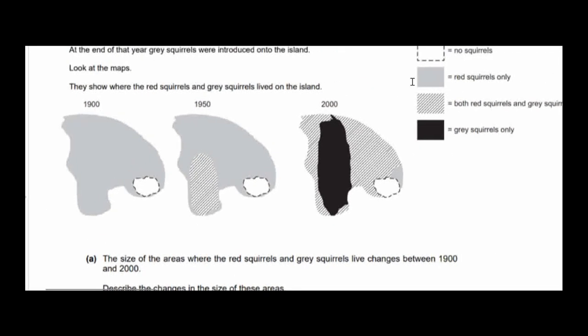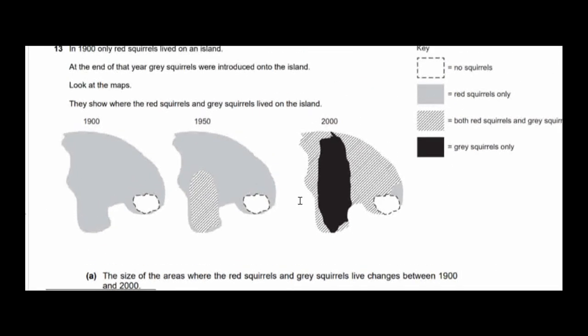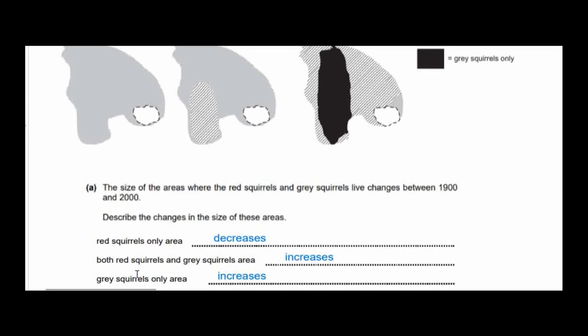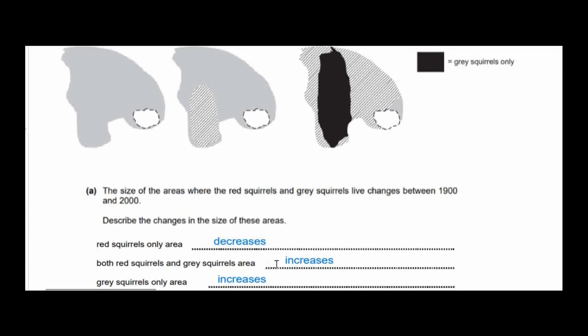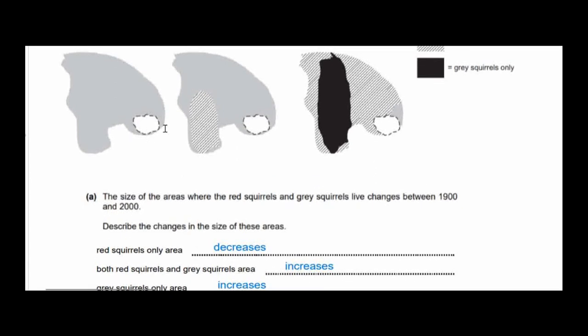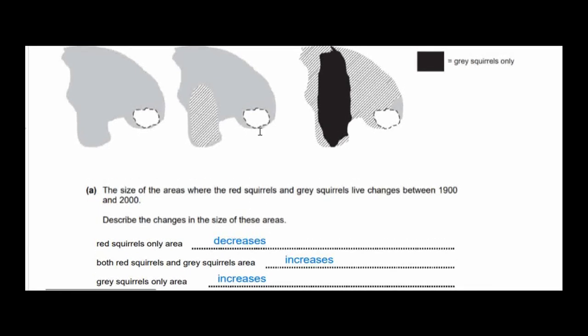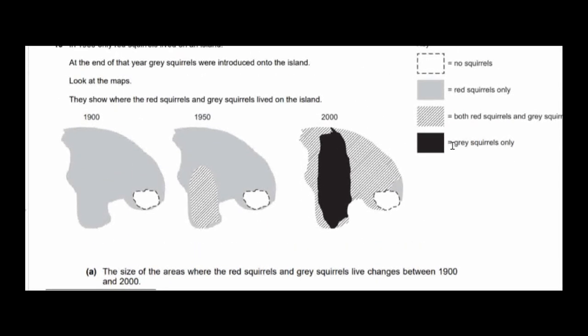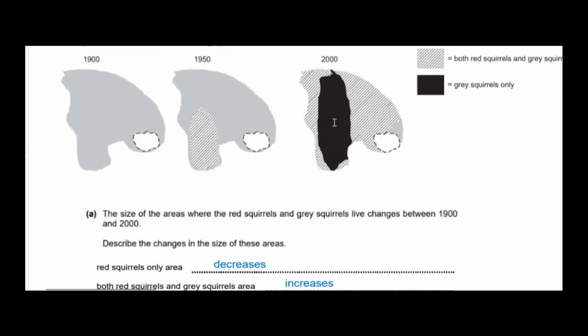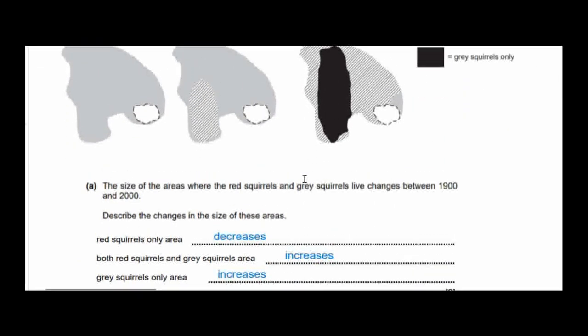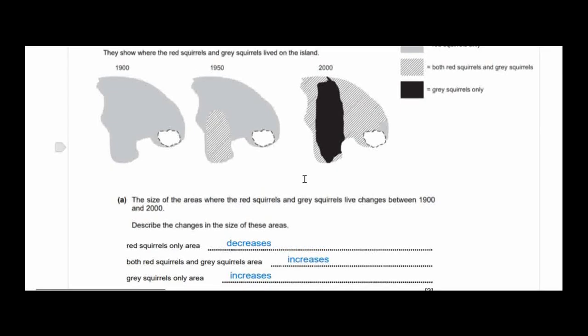This symbol. Next, both red squirrels and gray squirrel area increases, so the lines here, small now, become gray, increase. Now gray squirrel only area. Gray squirrel is the dark, so this one increases. So that will be our answer for this question.